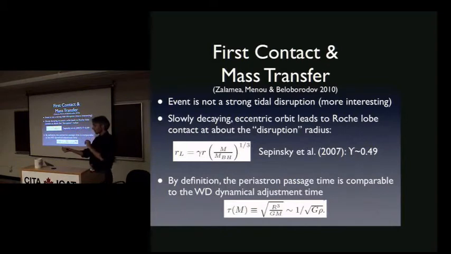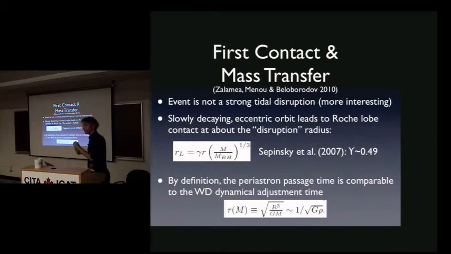And so at some point, your white dwarf, in the very near vicinity of the black hole, feels the Roche lobe. But the amount by which it overflows the Roche lobe the first time is very small, because the decay of the orbit is so slow. I'll give you a number in a moment. So you think of this eccentric orbit.